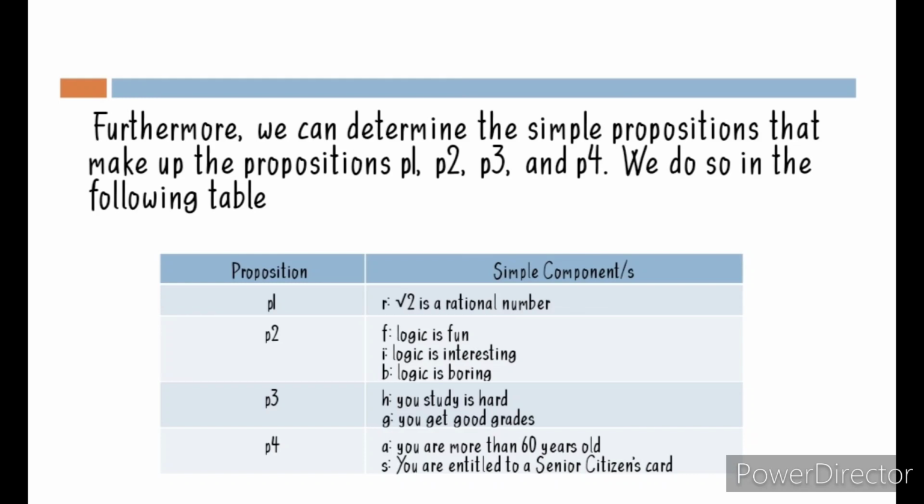P sub 2, F is logic is fun, I is logic is interesting, B is logic is boring. Proposition P sub 3, the simple components are H, you study hard, G, you get good grades. P sub 4, A, you are more than 60 years old, S, you are entitled to a senior citizen's card.